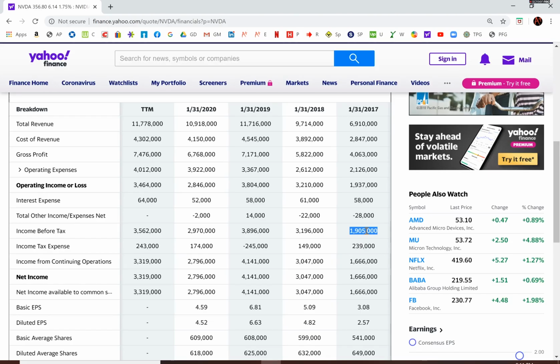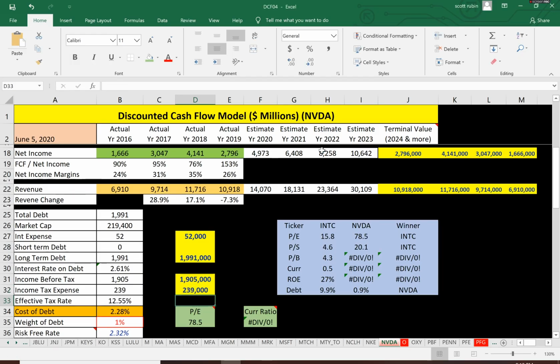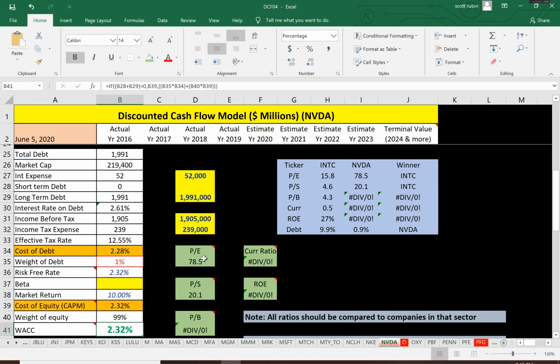So 1.9 billion income they made, and they paid 239 million in taxes. So they paid about 13% of taxes. So the cost of the debt is 2.3%. And they only have 1% of debt in a capital structure. That's really good. You want a little debt, the less the better generally, and 1% is great.